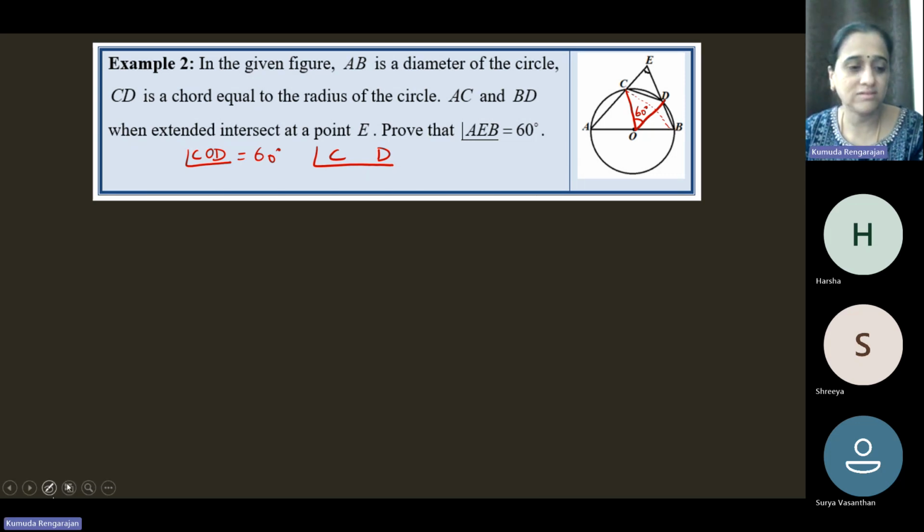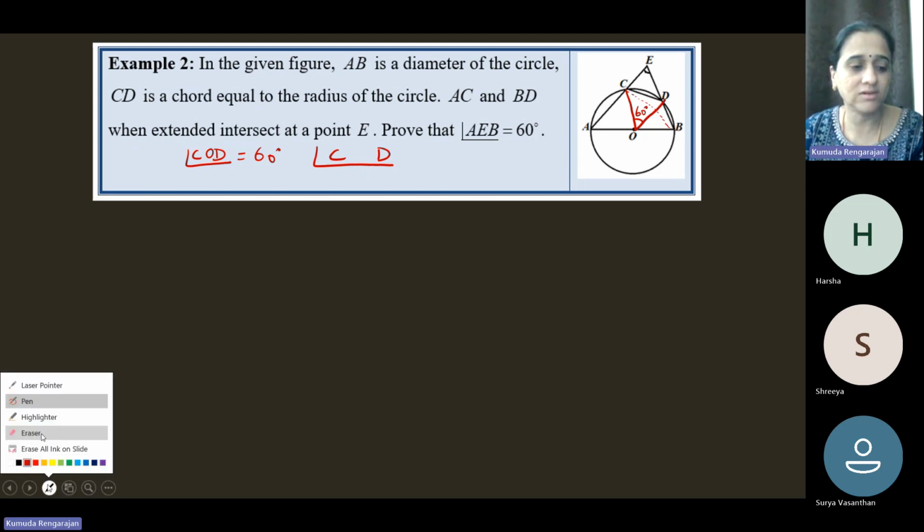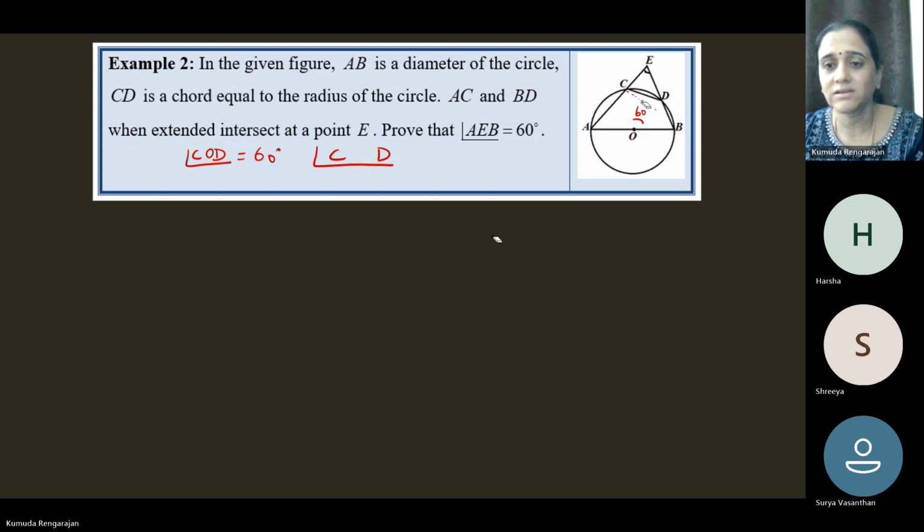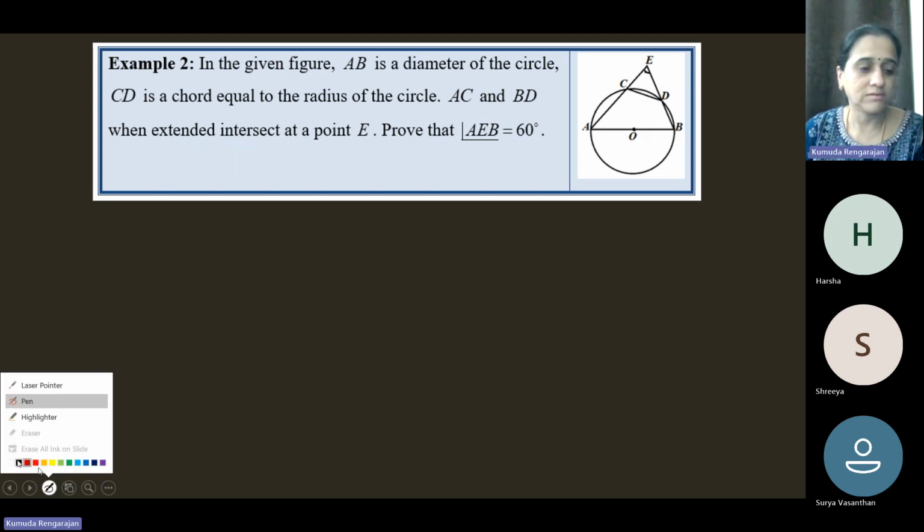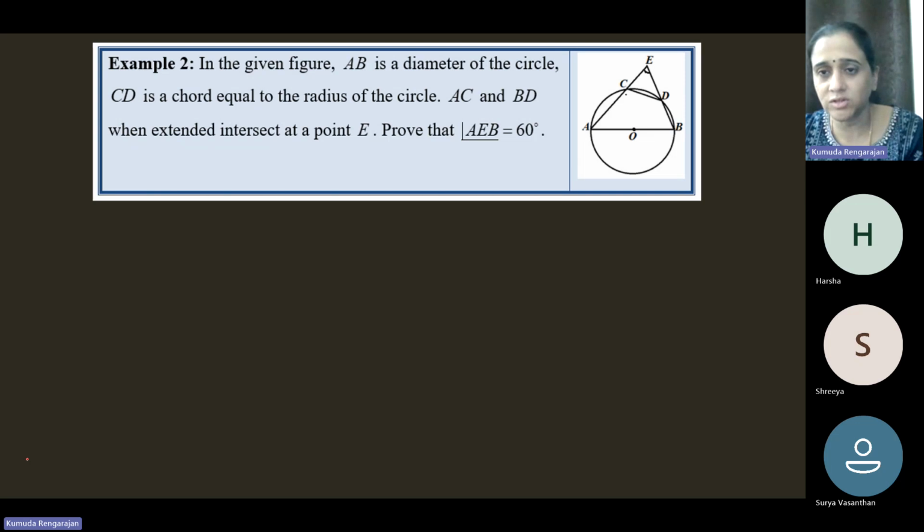It's not a curve, it's a straight line. I'll tell you about the construction. You'll have to join OC, OD. You also have to join CB. This is 60 degrees.